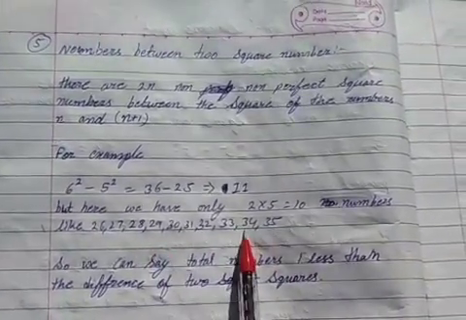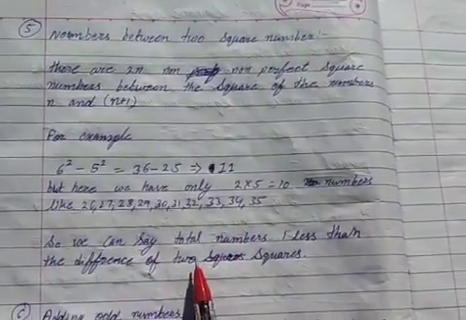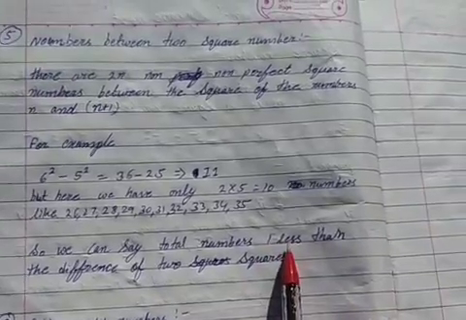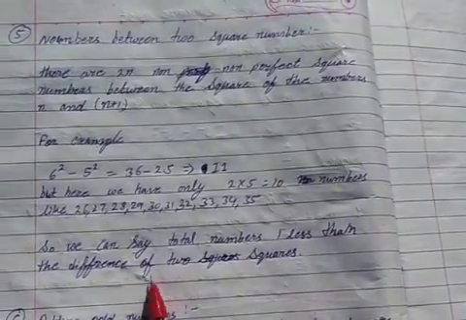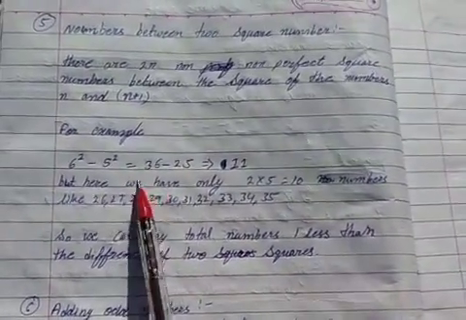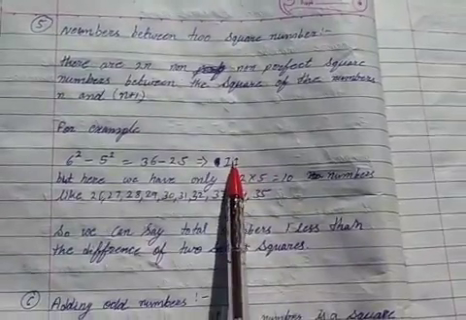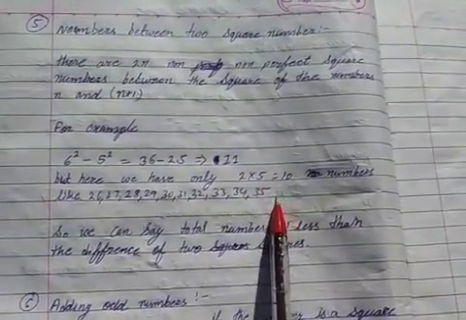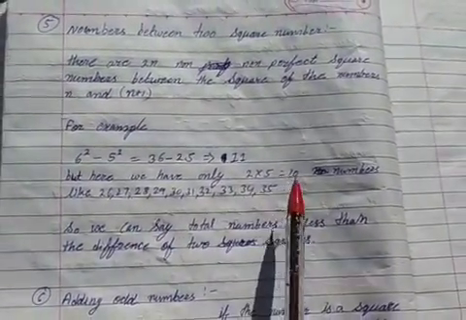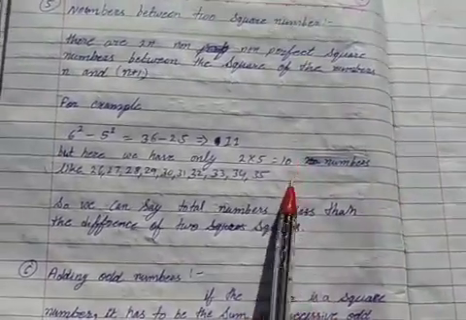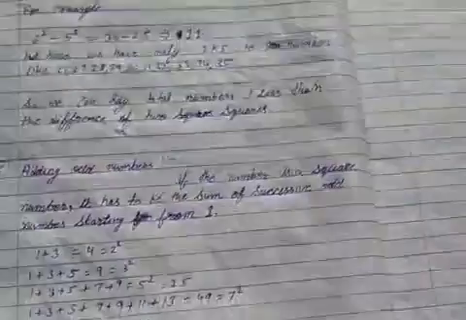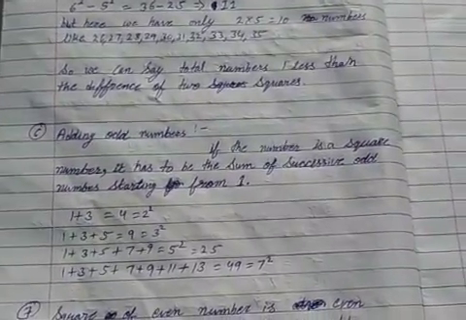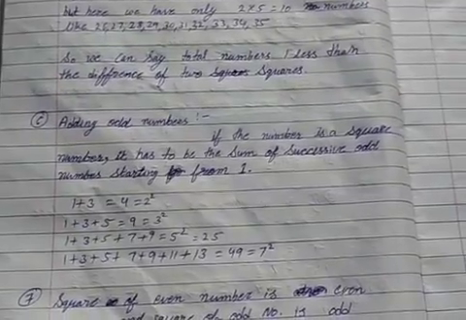So we can say the total is 1 less than the difference of the two square numbers, because the difference is 11, and subtracting 1 gives 10 numbers. Similarly, we can find the numbers between any squares.